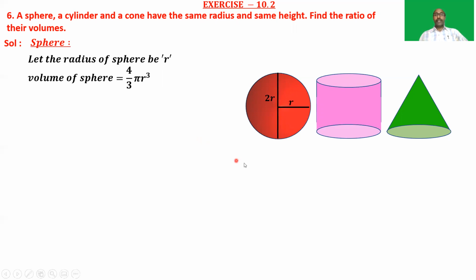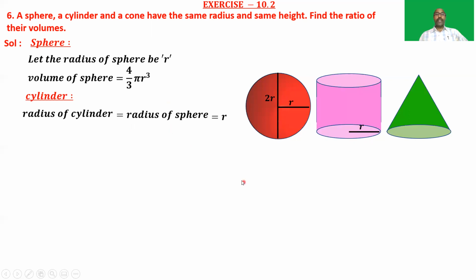Next consider the cylinder, and we know that the radius of the cylinder is the radius of the sphere, as we have taken it r. So the radius of the cylinder is r. And now the height of the cylinder. Height of the cylinder is equal to the height of the sphere, that is the diameter of the sphere, which is equal to 2r.